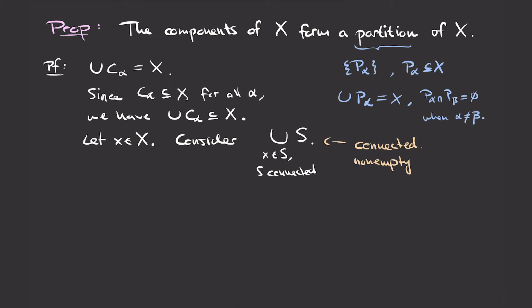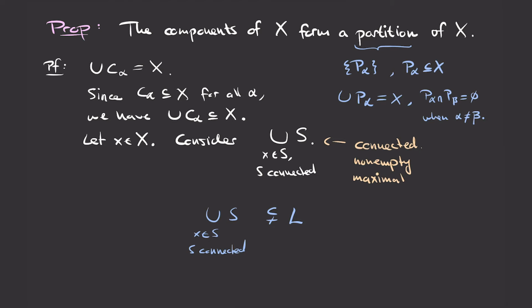And finally, this union is also a maximal connected non-empty subset. Why is this? Well, suppose that we have some strictly larger set L that contains this union here. So we're assuming that L is also connected and non-empty and is strictly larger than this union. So this would be a counterexample to the maximality of this union.